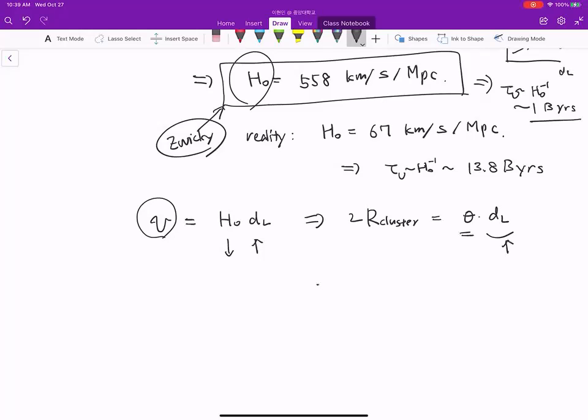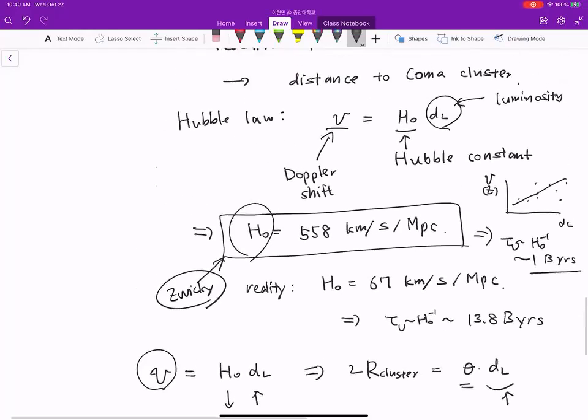Because of that, the radius of the Coma cluster is now 10 times bigger. It's about this size.